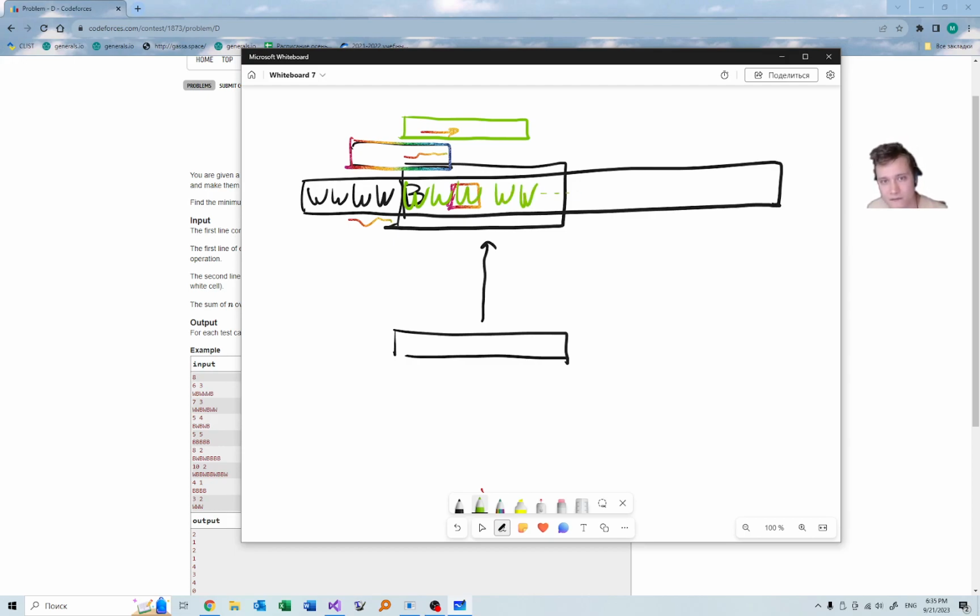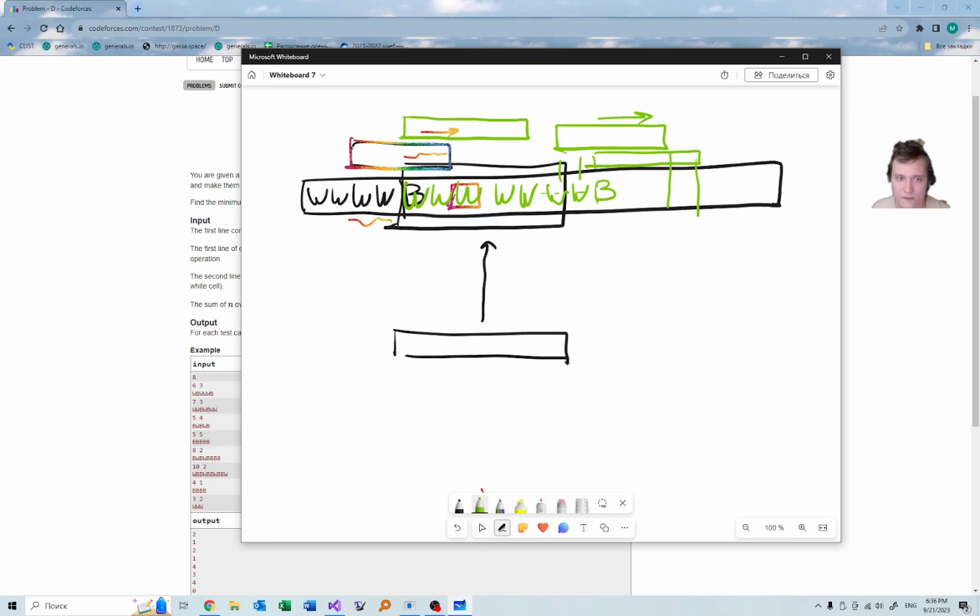We find the next B, and actually we do not need to do this. Because if we do this, these cells which are covered by this erasure are already white, and we do not need to make them white again. So what we would like to do is move it to the right until this is the left edge of the operation, because you add several more elements to be erased.